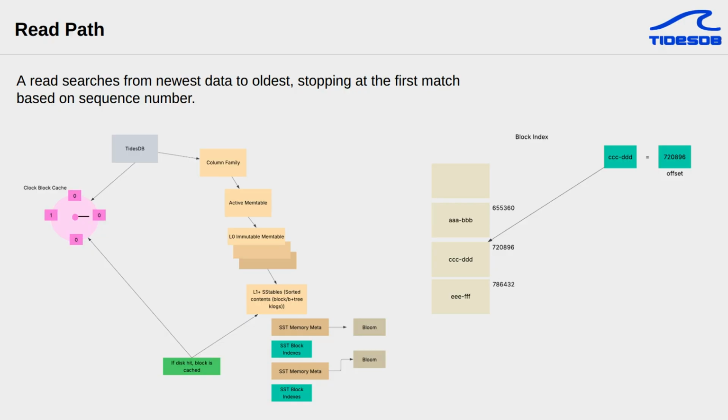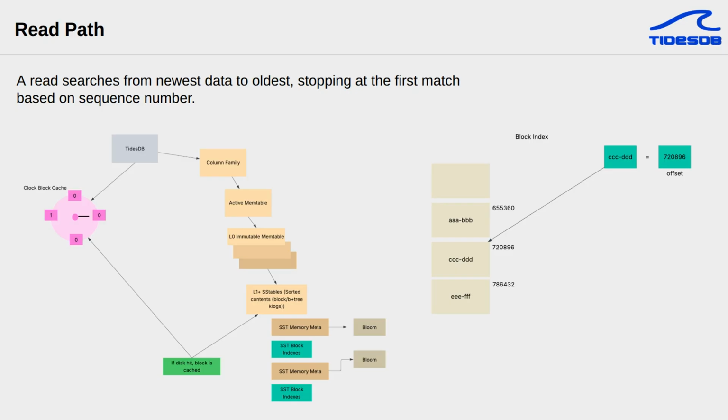At this point, it's going to look at the SSTable. It starts at L1 and looks at the SSTable meta details. Each SSTable has min and max fence keys, which tell us whether we should even check the Bloom filter, if enabled, for this key.